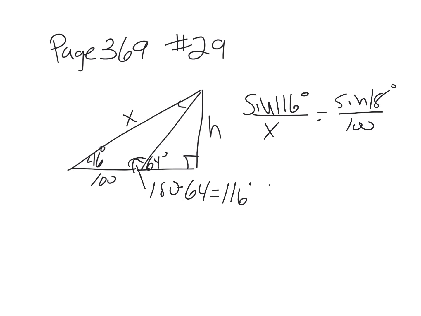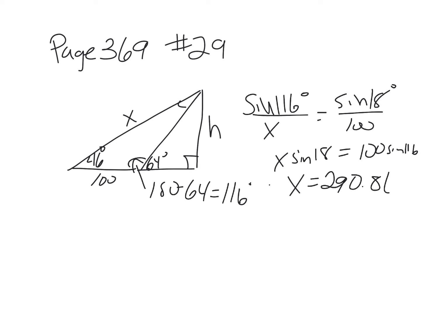Okay, now we can use cross multiplication, and we put that in your calculator, you'll get approximately 290.86. Okay, so we have x, we need to find h.